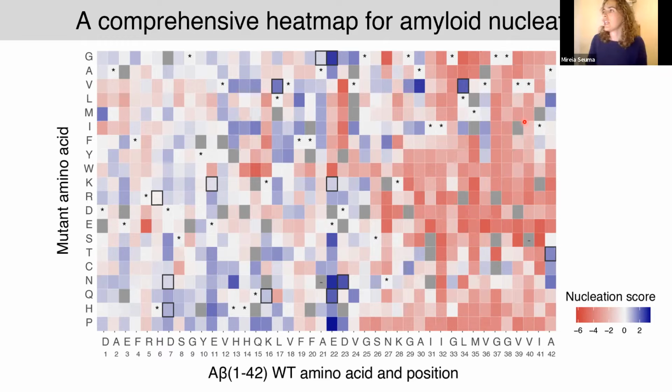Also, at the C terminus there is the last position of the peptide, which is quite interesting, alanine 42, which is known to make some interaction with the second monomer, so it's definitely doing something different from the rest of the C terminus. So we would expect this position to act a bit differently.